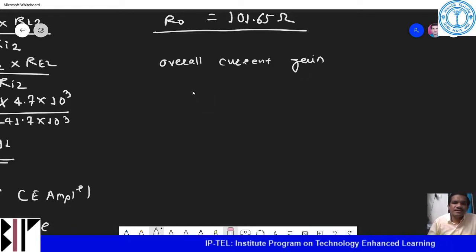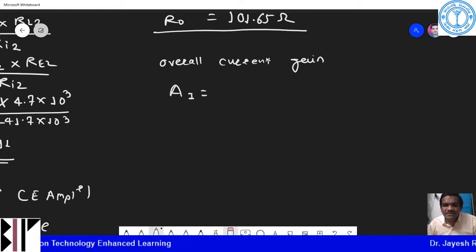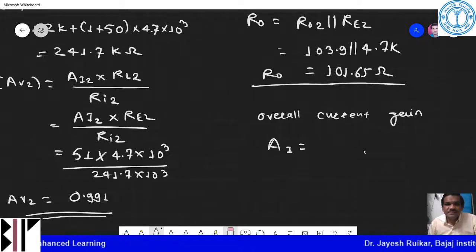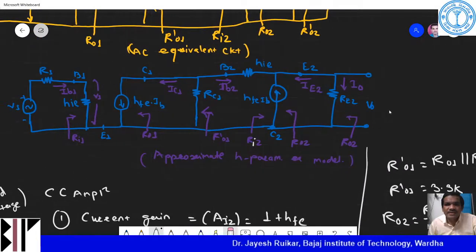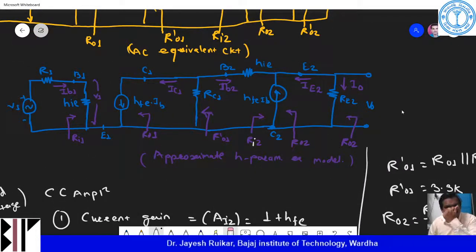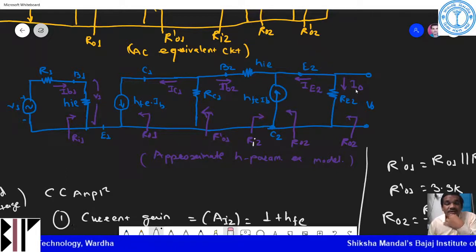Now we can calculate the overall current gain, that is my AI. If you see this diagram, and look at this approximate H parameter model, you can see the output current, that is IO, because we are calculating current gain.